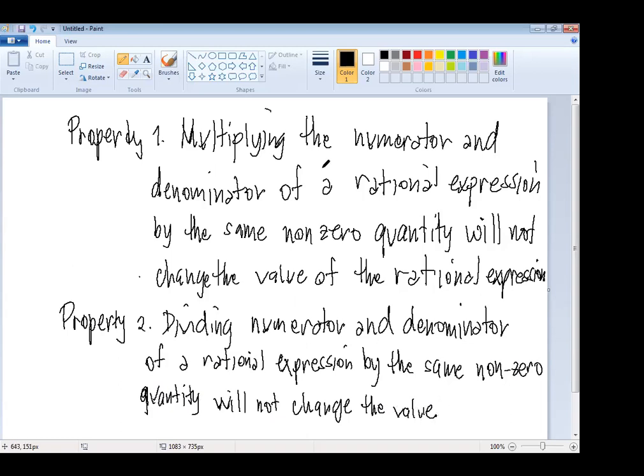When you multiply or divide the numerator and denominator by the same value, it will not change the value of the rational expression.